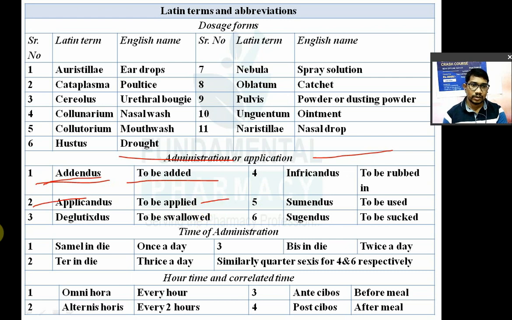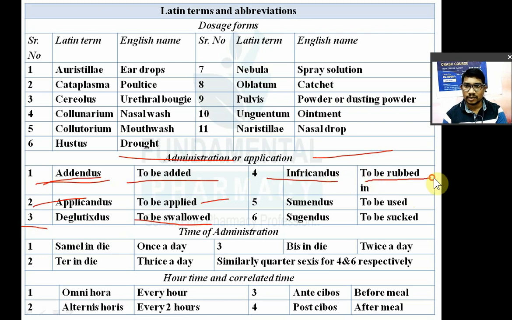Deglutiendus. Applicandus to be applied, addendus means to be added, deglutiendus means to be swallowed. Deglutition is the term for swallowing. Then infricandus means to be rubbed in.